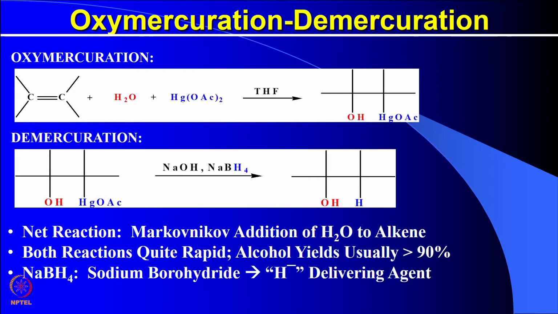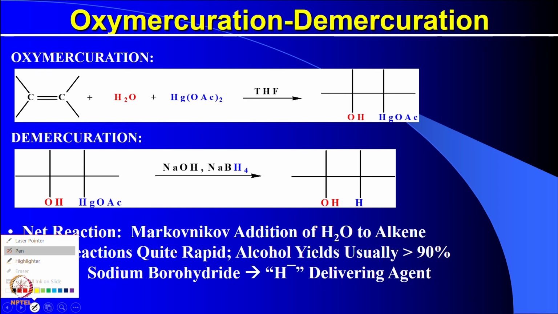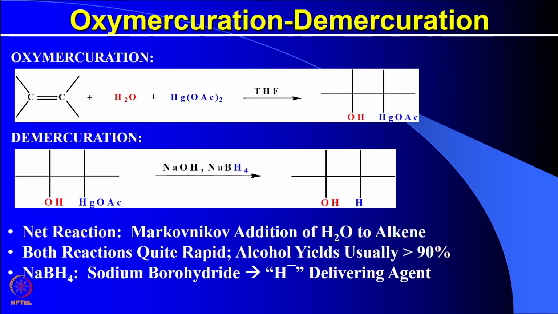Now let us see a different reaction called the oxymercuration and demercuration reactions on alkene. When you treat an alkene, a double bonded molecule, in the presence of water and mercuric acetate in THF solvent, THF is tetrahydrofuran, which is a very common solvent, the first step of this reaction follows the Markovnikov addition rule, and the OH and HgOAc are added across the double bond.